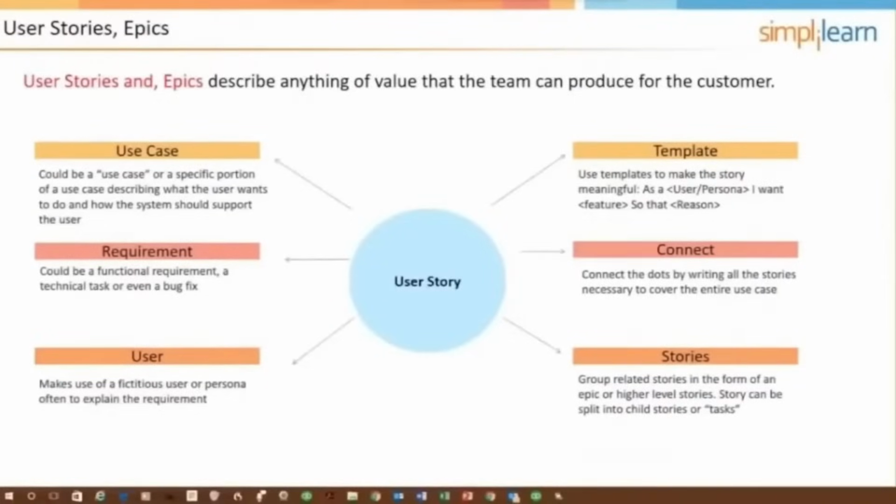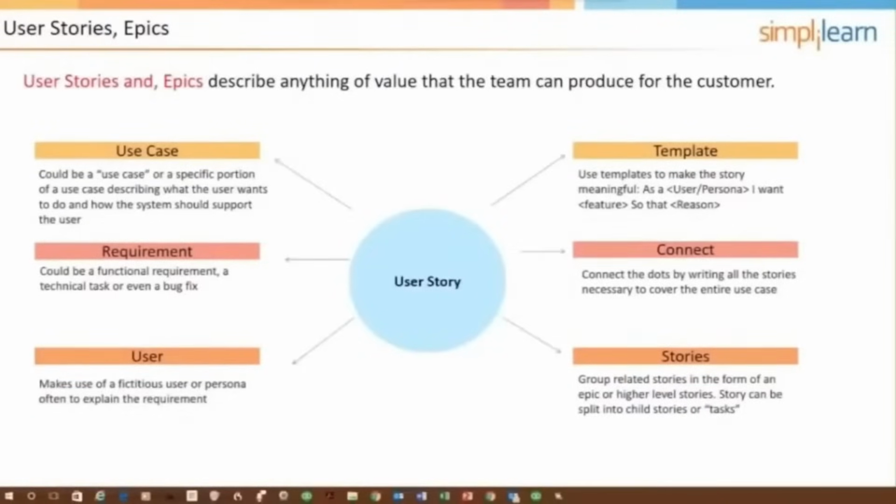That's when you would break it down. So epics are usually going to live at the lower priority levels of a product backlog, and as user stories are completed and the epic rises in priority, it will eventually be broken down into more manageable user stories. So great big low priority user stories.